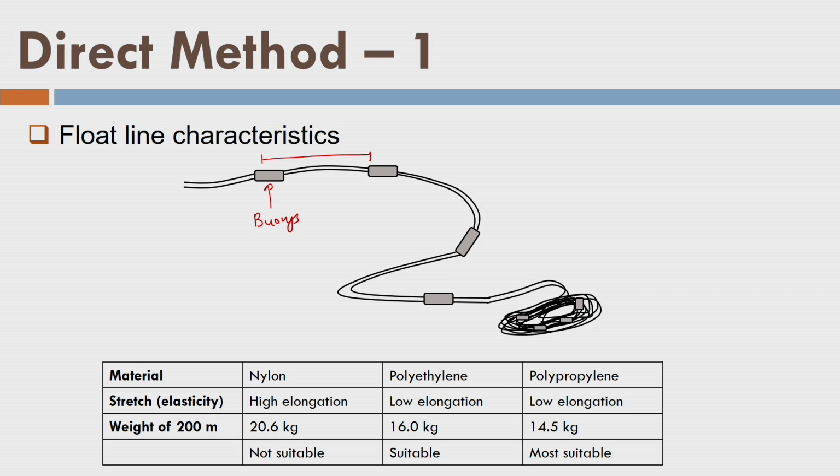Now, since we have stretched this float line across the river, we are moving from one end to another end, that means from the shoreline to the far end in the river or water body.